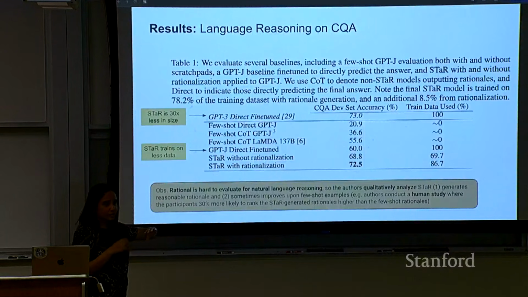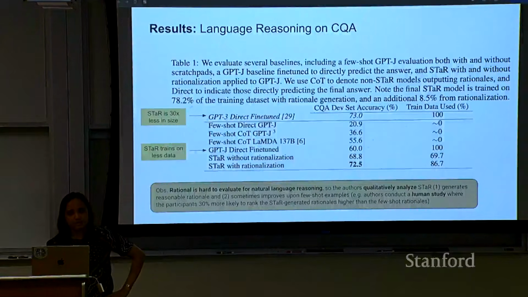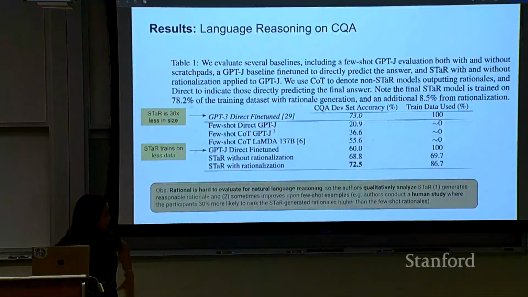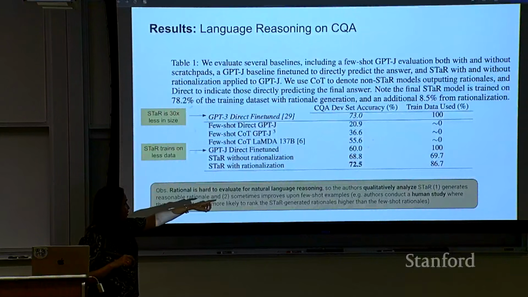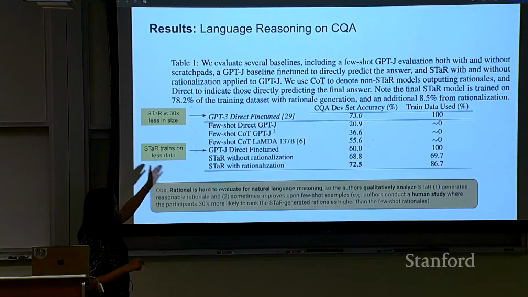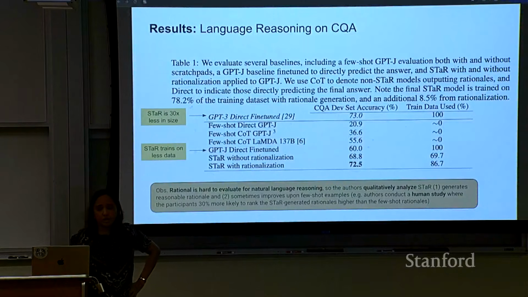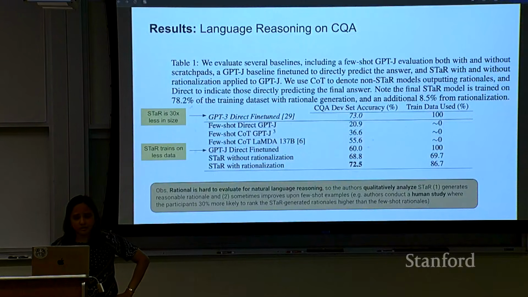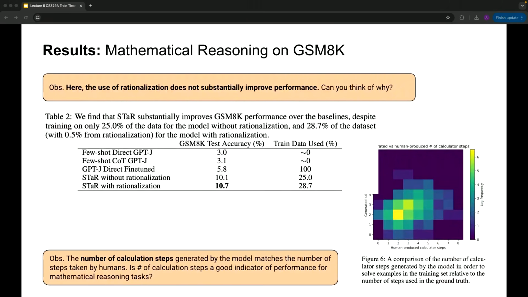So rationalization helps you get to an accuracy without using as much data: 86% of the data is used, but you can get to the dev set accuracy of 72.5% compared to using a lot of training data. This was a very small model, so this was the first signs of life that was shown for reasoning.